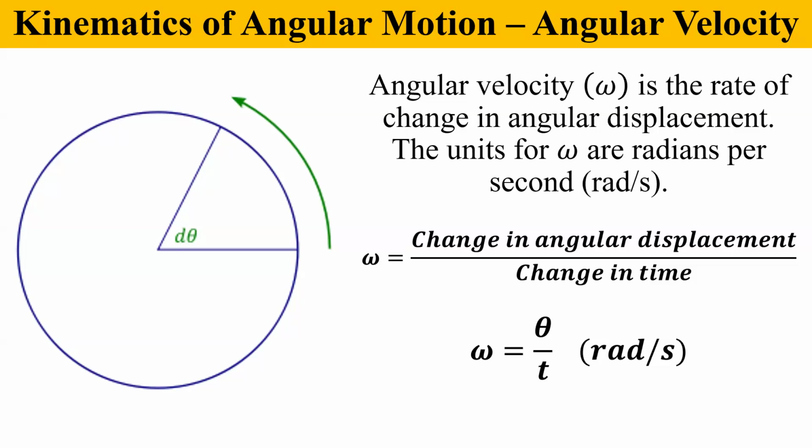The unit for angular velocity is radians per second. So omega equals the change in angular displacement divided by the change in time, which is theta upon t, radians per second.